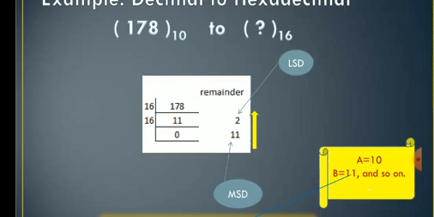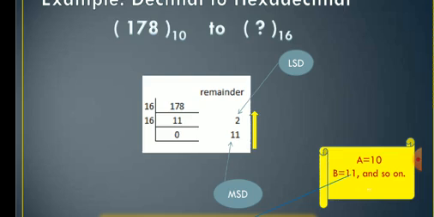So according to the hexa numbers we have discussed already, hexa symbols will be 0 to 9. After 9 we don't have 10, 11, 12. Instead of that, instead of 10, we'll be considering A, 11 B, 12 C, 13 D, 14 E, 15 F. So these symbols should be used in place of 10, 11, 12, 13, 14, 15.